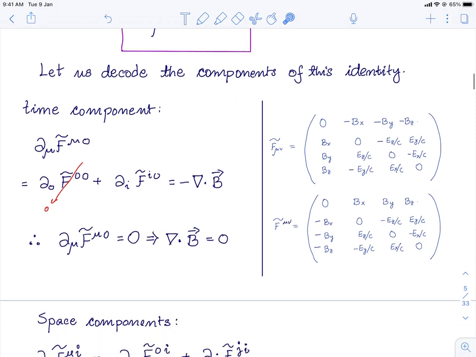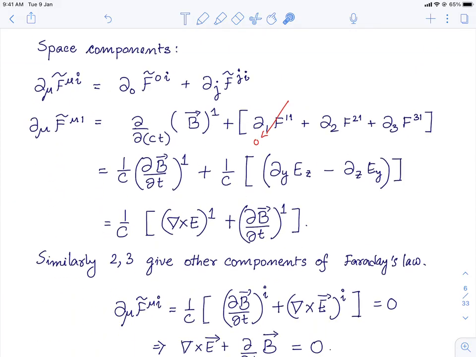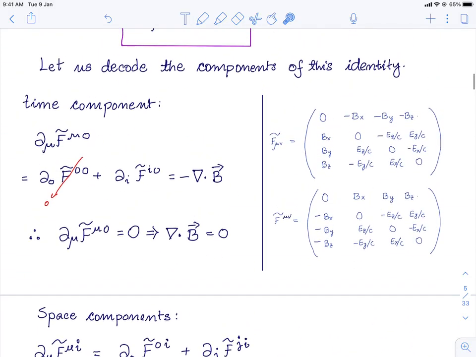Very good. Now let us look at the time component of this equation. For the time component, mu and nu can run over 0, 1, 2, 3. And f00 is 0 because of the antisymmetry.